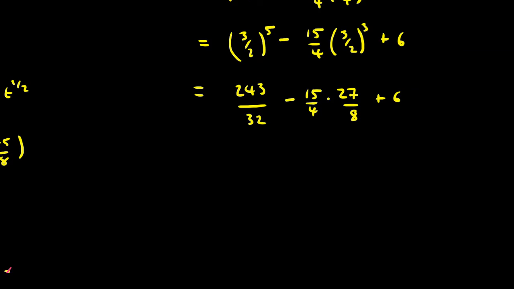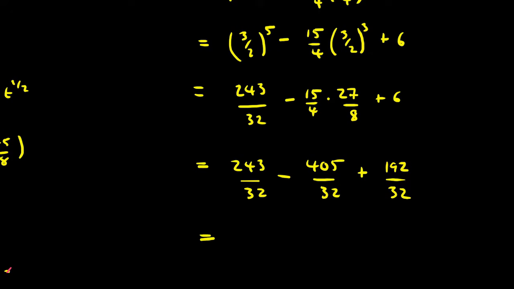So again, if I simplify this, this is 243 upon 32 minus, let's do 15 times 27, is 405 upon 32, plus 6. Well, let's write 6 as 32nds as well, since that looks like what we'll have to do. So that's 192 upon 32.